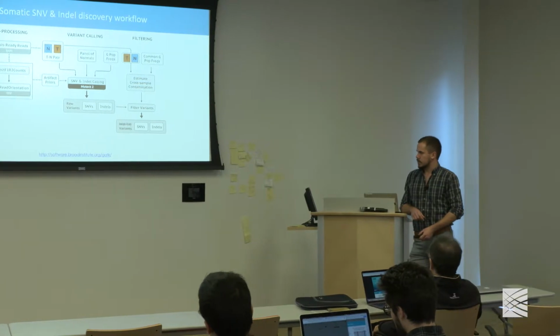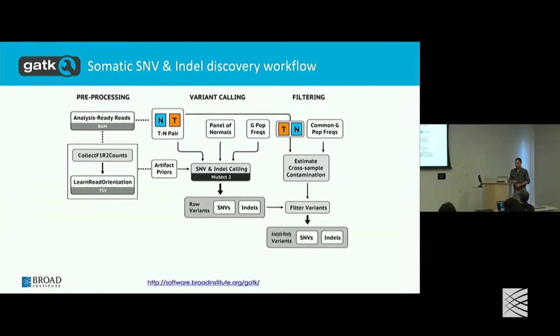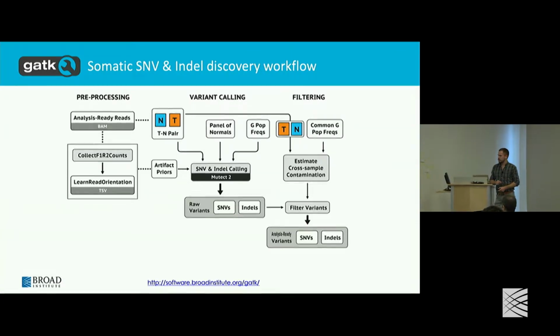So what is the problem we're trying to solve here? We're trying to call events that occur in a cancer sample, samples that are very heterogeneous by nature, and also that has possible normal contamination. Therefore, the events that occur there are occurring at a very low allele fraction.